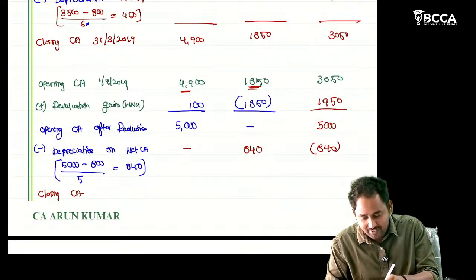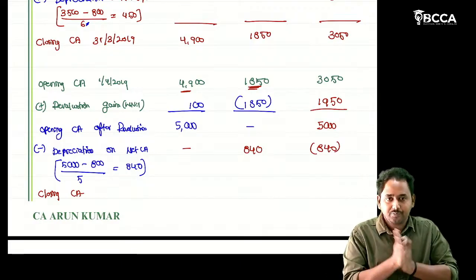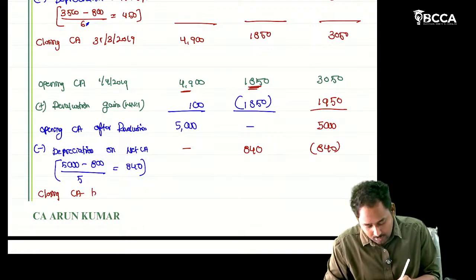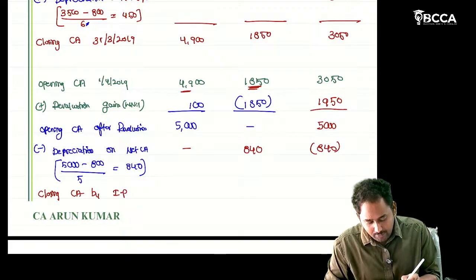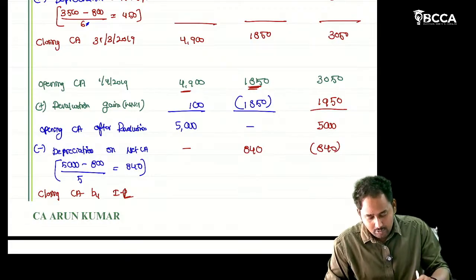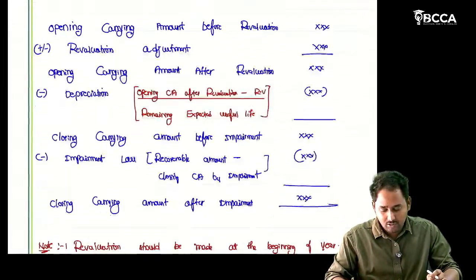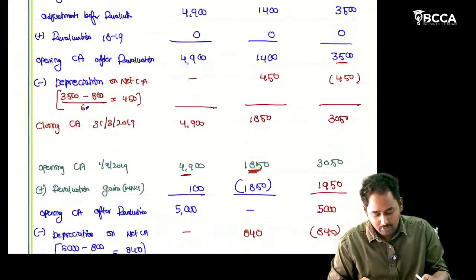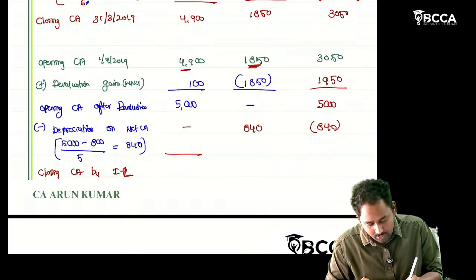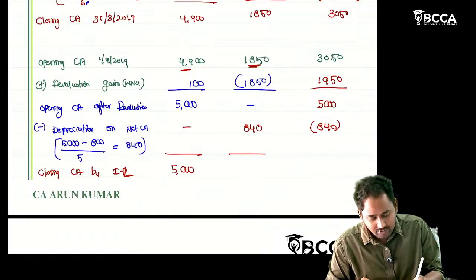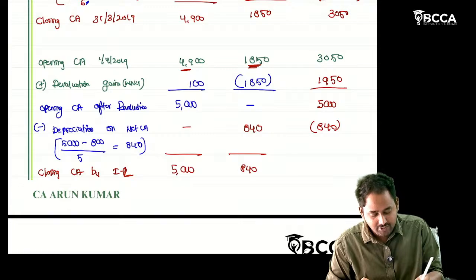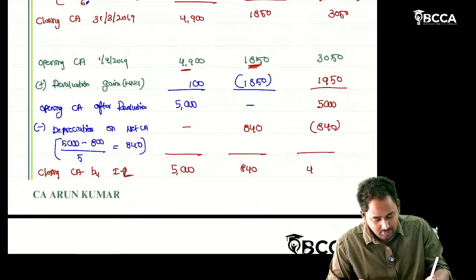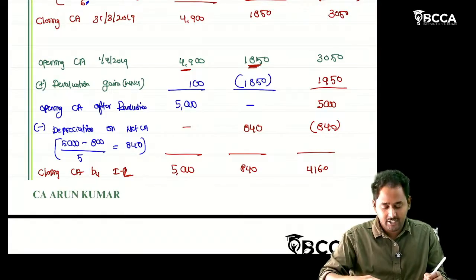No need to write after revaluation, so closing carrying amount before impairment loss, because that is the format I am using here. Now I got the closing carrying amount. What is the gross carrying amount? 5000. So 840 is the depreciation, 4160 is the net carrying amount.